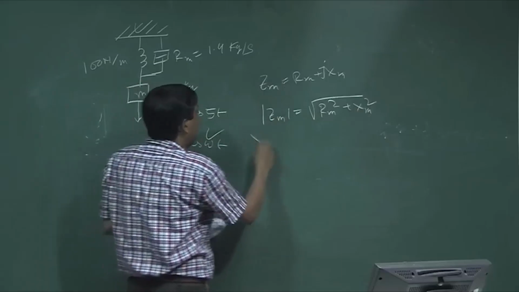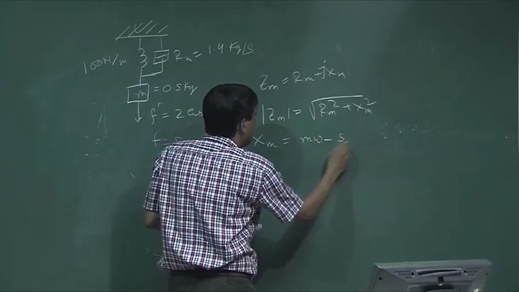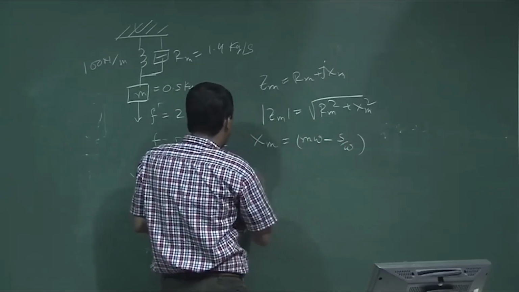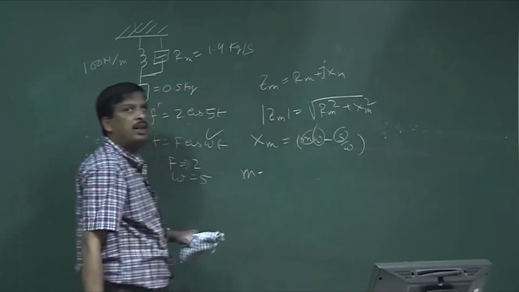What is Xm again? It is m omega minus s by omega. M is given, s is given, omega is given, so I can find out Xm.